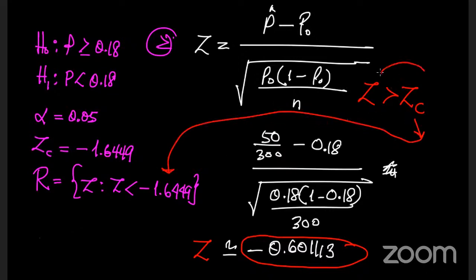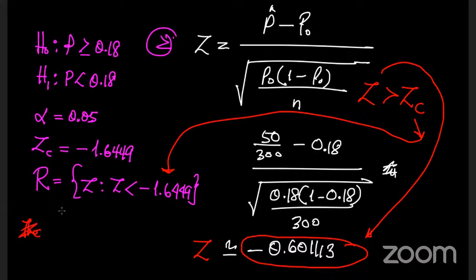But this Z is rather here, which is greater. So remember I mentioned that we're going to compare. Comparing this to that, you see that this is greater than the other. And since the Z is greater than Z critical, it simply means that the null hypothesis should not be rejected.